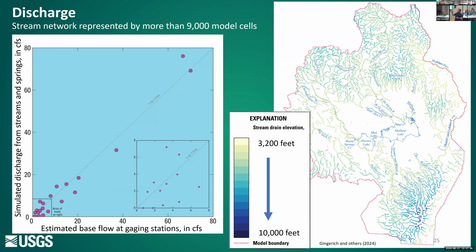So we did a pretty good job of matching the flow coming out of the biggest systems. Some of the smaller ones are a much smaller proportion of water flow. There's a little more variability in there, but overall, the model could match what we've measured in the uplands. It was within 5% of the value, so a pretty good match.